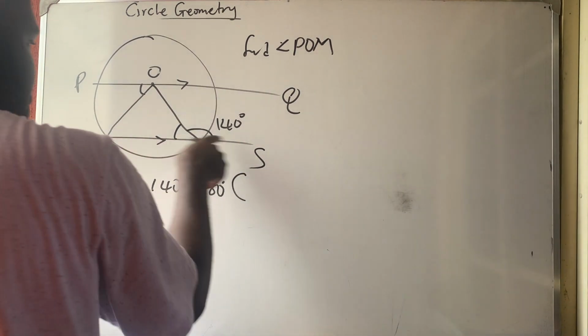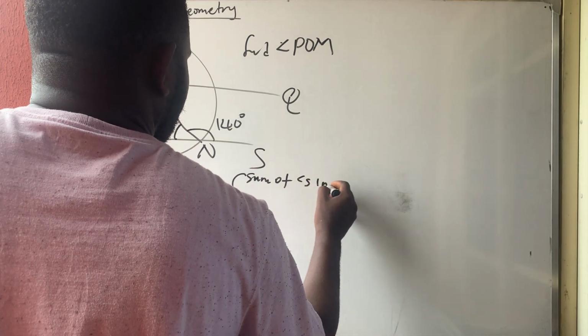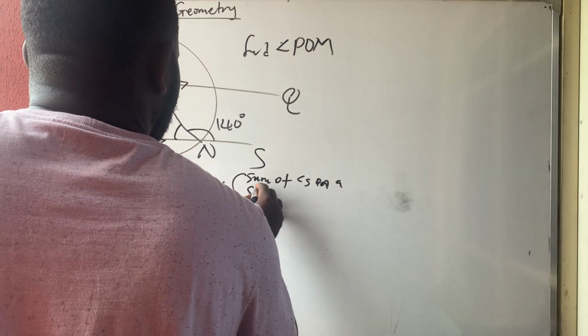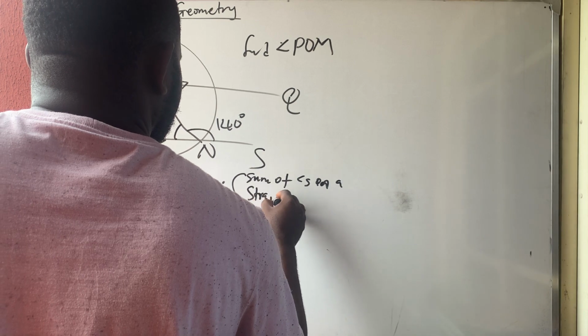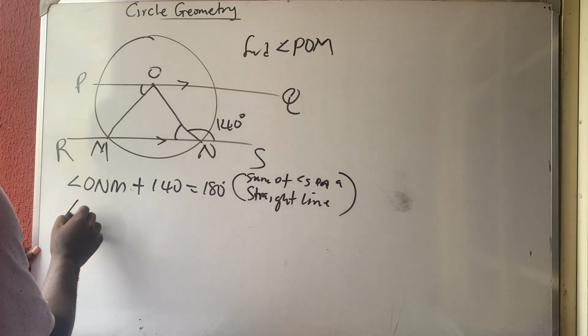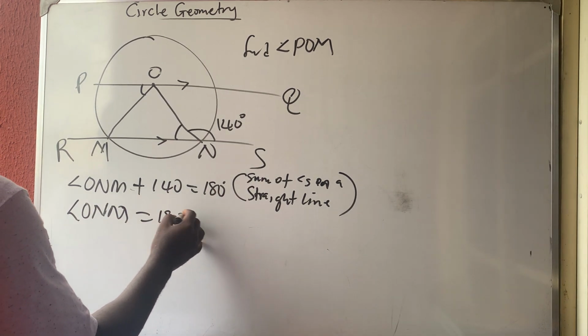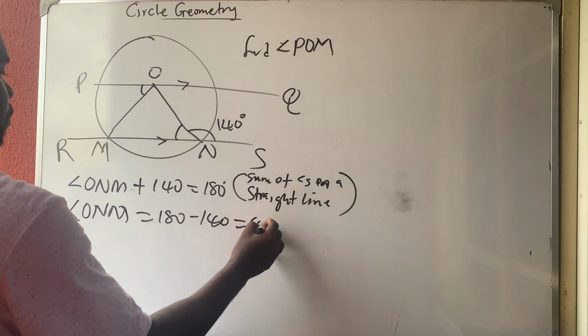What is my reason? Sum of angles on a straight line. So if I have this, therefore angle ONM is equal to 180 minus 140, which is 40 degrees.